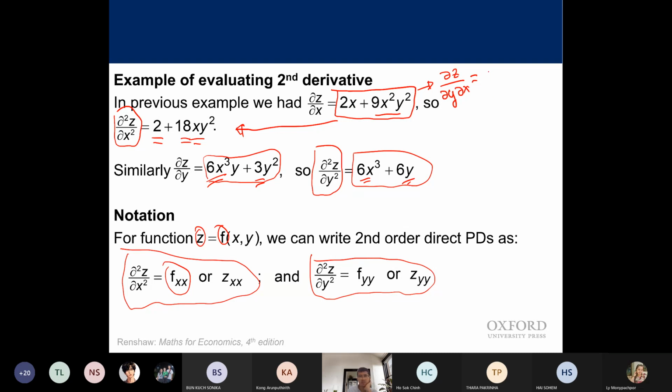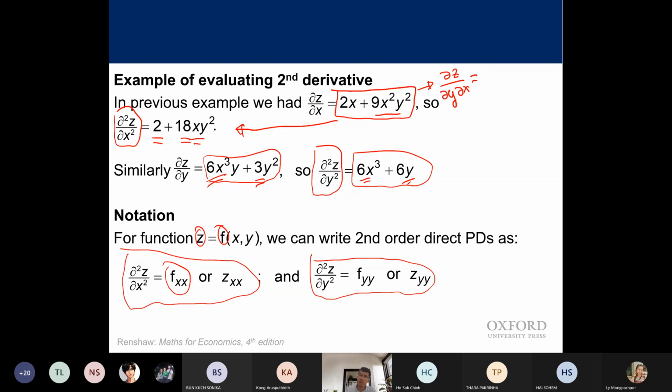Please. It will be what? Anyone? This is actually the first derivative of z with respect to x, and the next time we want to differentiate with respect to y.